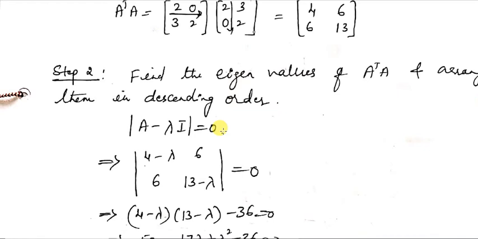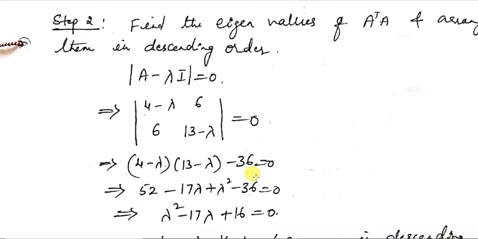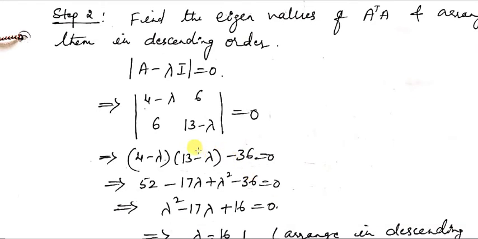Substituting for A transpose A minus lambda into I, we get the matrix 4 minus lambda 6, 6, 13 minus lambda is equal to 0. Now expanding this determinant, we get the value of the determinant as 4 minus lambda into 13 minus lambda minus 36 is equal to 0.